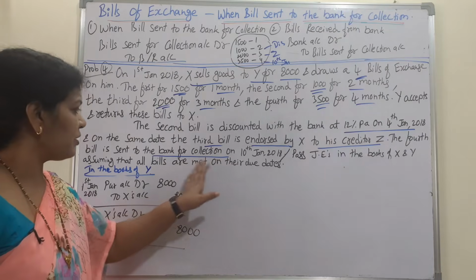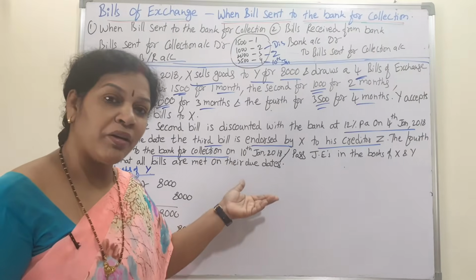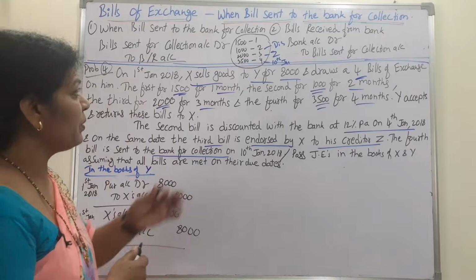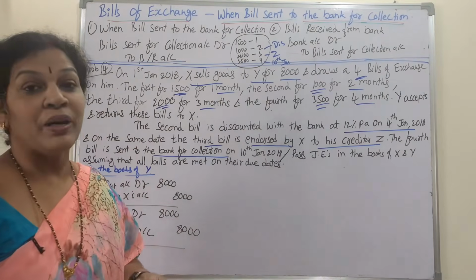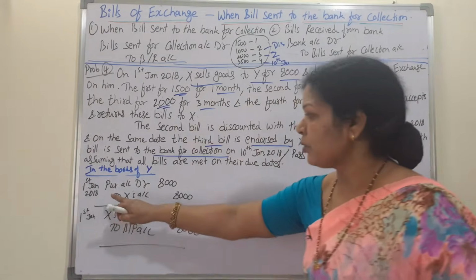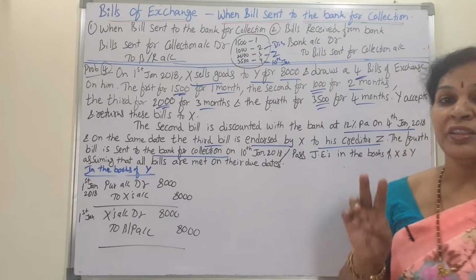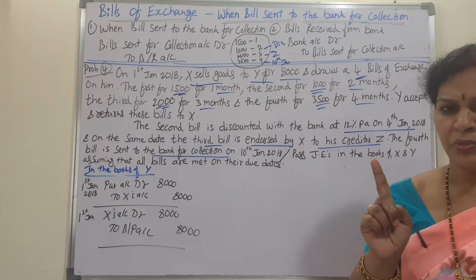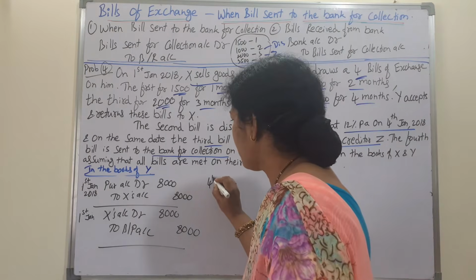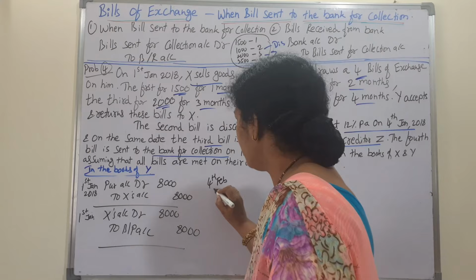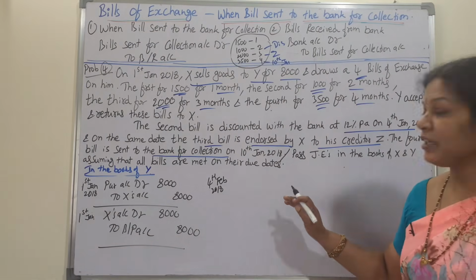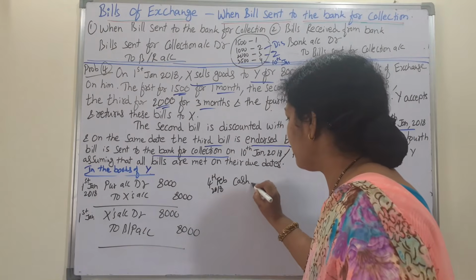Now on due date the bills are met, he's saying. So assuming that he is paying the amount on each and every bill's due date, the first bill is 1 month. Actual date is 1st January 2018, and the due date will be 3 days extra, so February 4th. On 4th February 2018, the entry will be bills payable account debit to cash account.